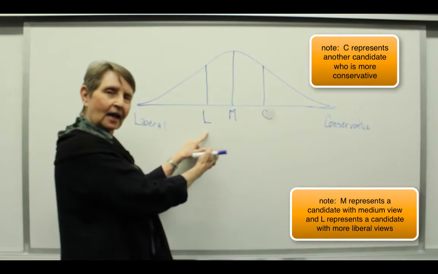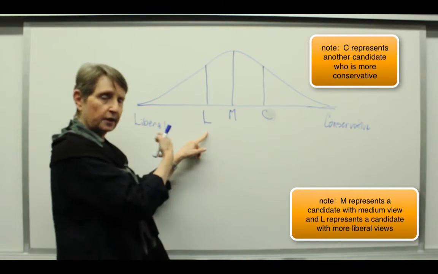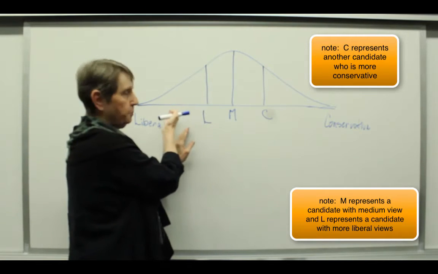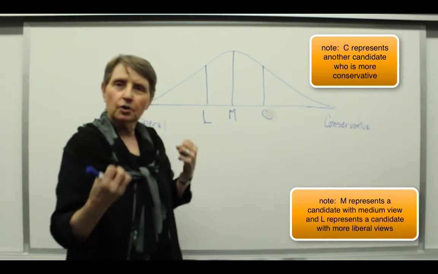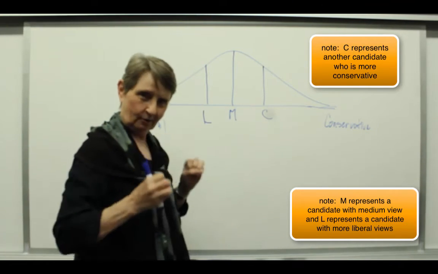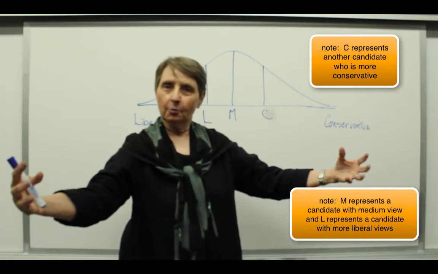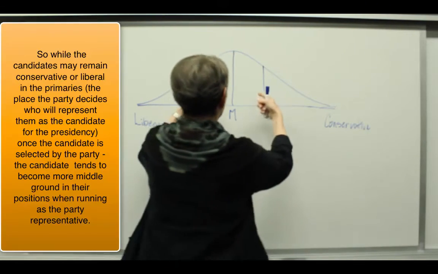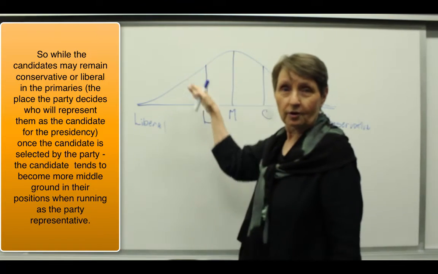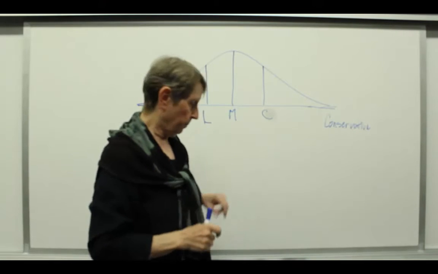When candidate L is trying to win the nomination from the Liberal Party, his positions are explained as being out here. Once they secure the nomination of their party, what we find is always, when they start explaining their views to the general public and trying to get their votes, both of these candidates move to the middle because they know this is where the votes are. So this is called the median voter theorem.